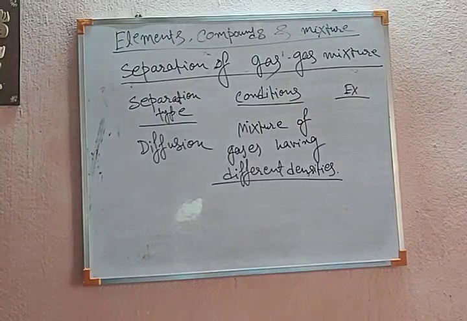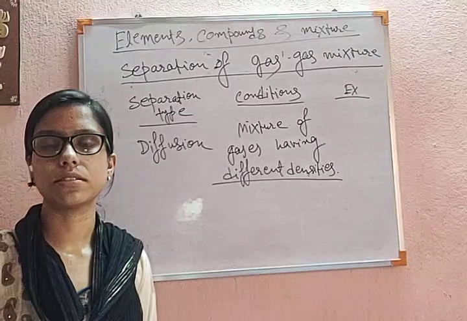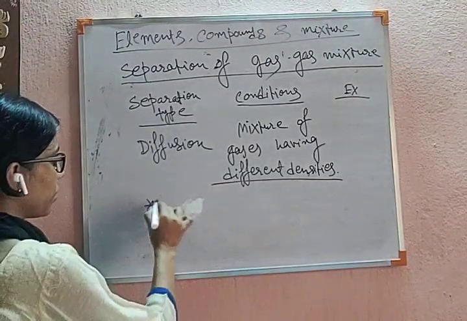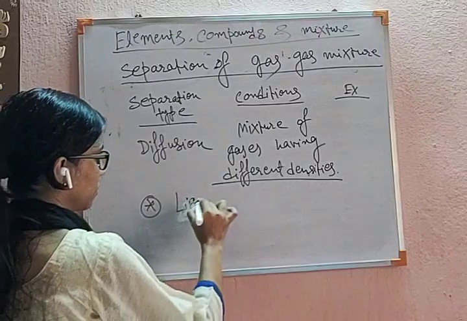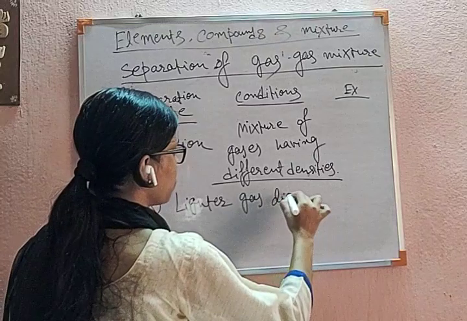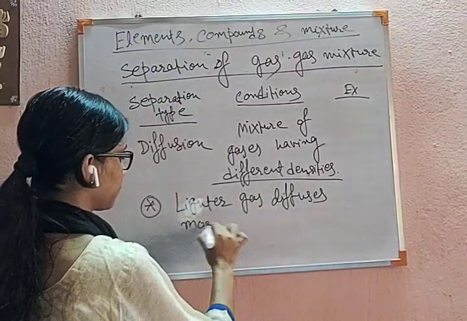Lower density means lighter one. The gas that has lower density is lighter, and the lighter gas diffuses fast. So we can say lighter gas diffuses more rapidly.